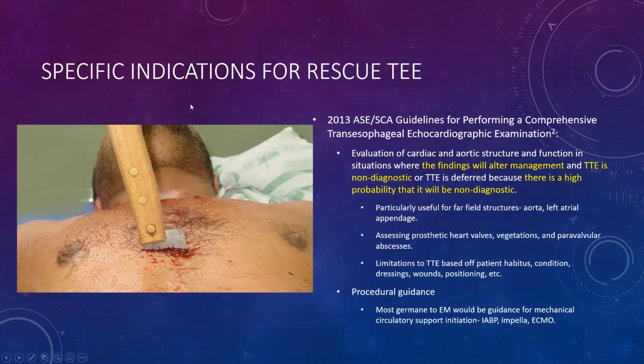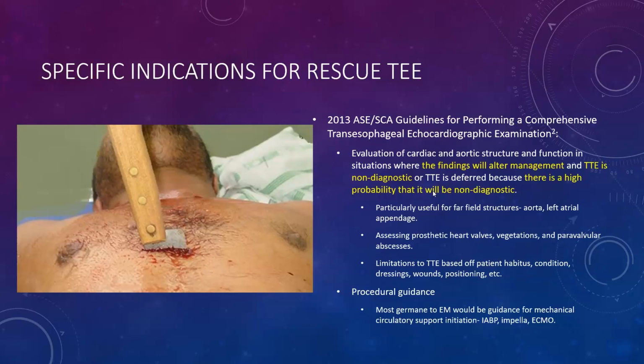Plus, there are certain benefits of TEE specifically. One of the particularly useful things is far field structures, such as the aorta and the left atrial appendage. A lot of folks will find that transthoracic echo isn't as useful in those, as well as for assessing prosthetic heart valves, vegetations, paravalvular abscesses.